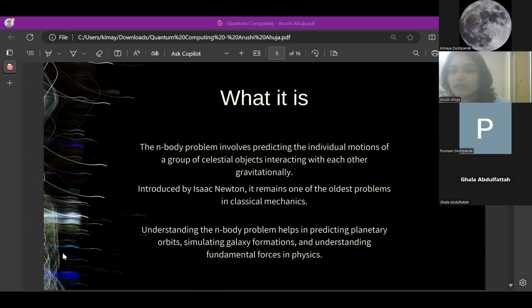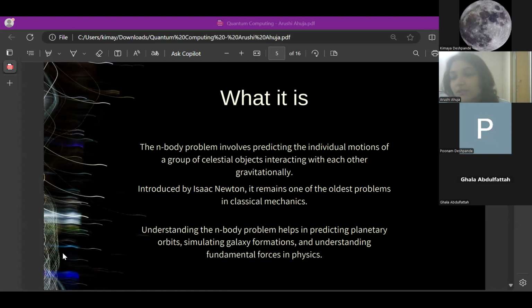For example, if there are 5 different planets and I choose one particular planet out of them, and I ask you, what is the net gravitational force which is acting on that particular planet from the rest of the 4 planets? You will have to take different equations for each pair and then create the vector sum of it.